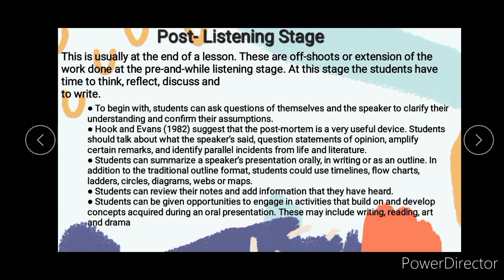Another one is that students can review their notes and add information that they have heard. And students can be given opportunities to engage in activities that build on developed concepts acquired during an oral presentation. This may include writing, reading, and art and drama.